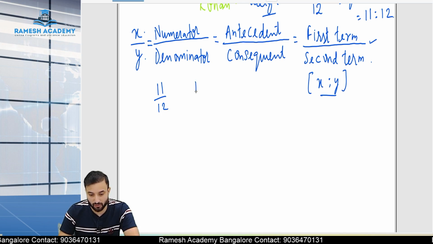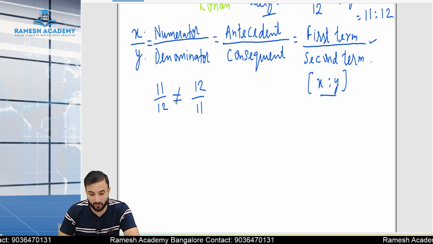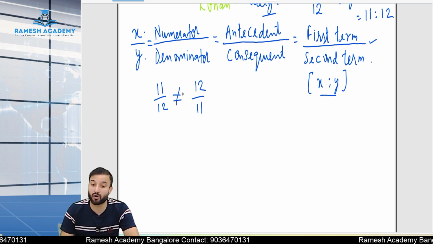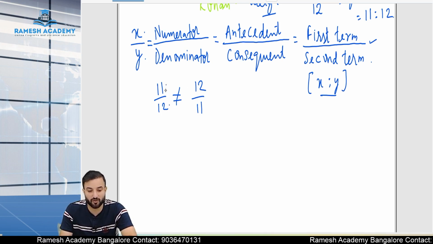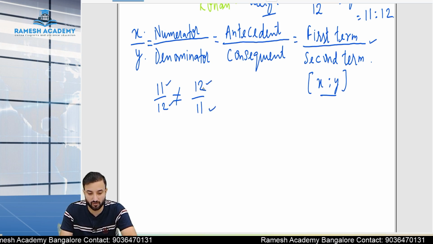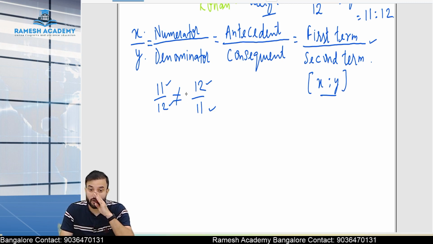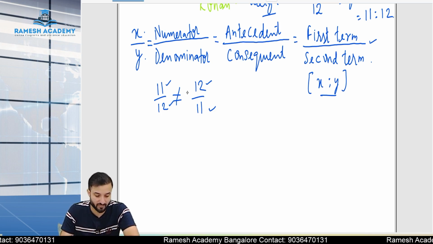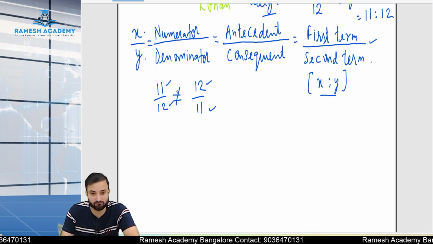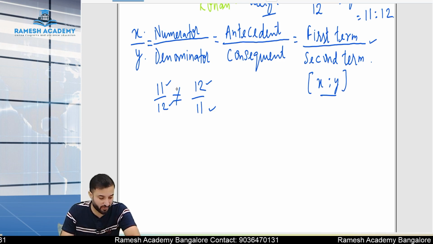If you write 12 by 11, these both are not the same, so that's why order is important. 11 by 12 means numerator by denominator, you can say antecedent by consequent. Both are not equal. So order is very important in the ratio. And we know that a ratio between two numbers should be written in simplified form.